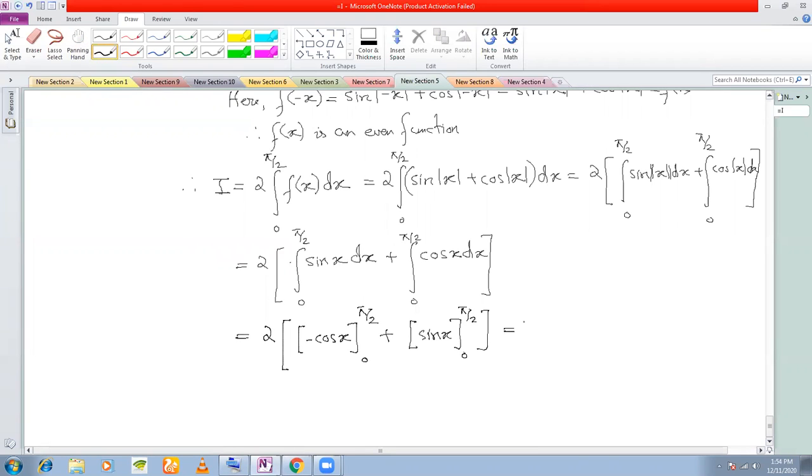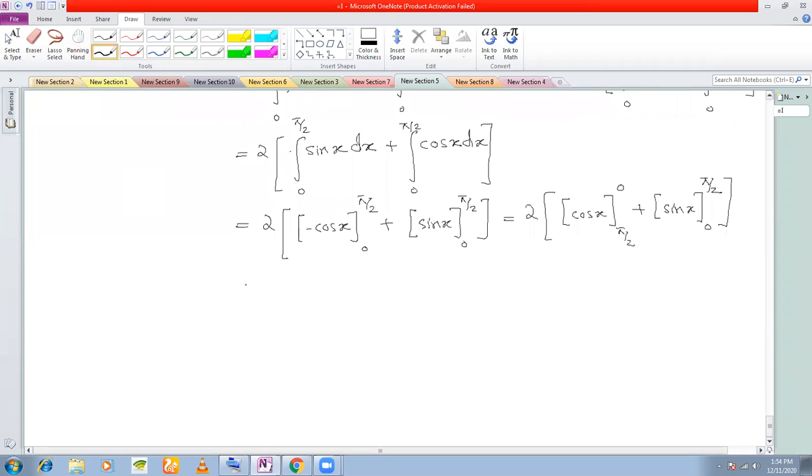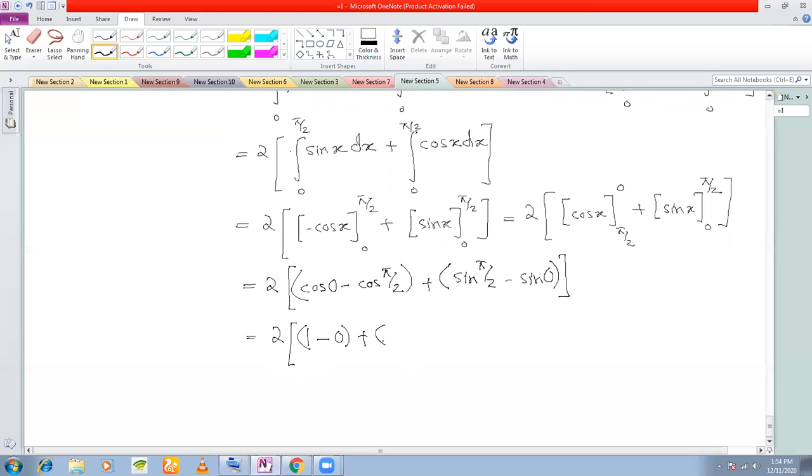So now this is twice cos x evaluated between pi by 2 to 0, because I've removed the negative sign, plus sin x evaluated between 0 to pi by 2, which is equal to twice cos 0 minus cos pi by 2, putting the upper and the lower limit in cos, plus again the upper limit and the lower limit in sin: sin pi by 2 minus sin 0, by the fundamental theorem. That is twice: cos 0 is 1, cos pi by 2 is 0, sin pi by 2 is 1, and sin 0 is 0. So this is simply 2.